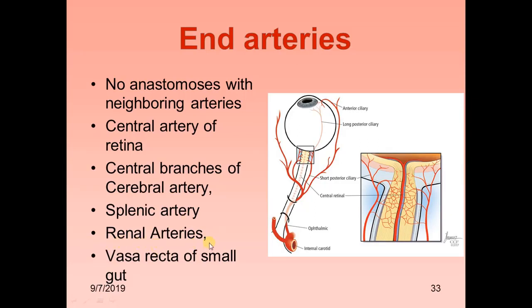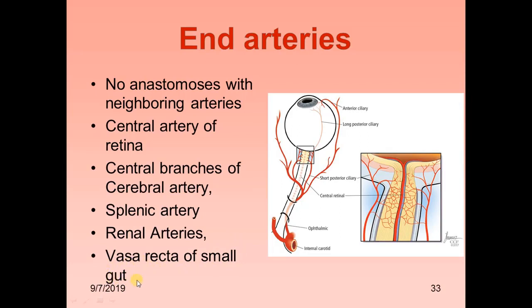Your renal arteries, which divide into 5 branches, are called vascular segments. They again don't anastomose. Then vasa recta of the gut, so straight arteries from the superior mesenteric arteries or inferior mesenteric arteries. They form vascular arcades, but ultimately they form straight vessels which pierce the wall of the gut.